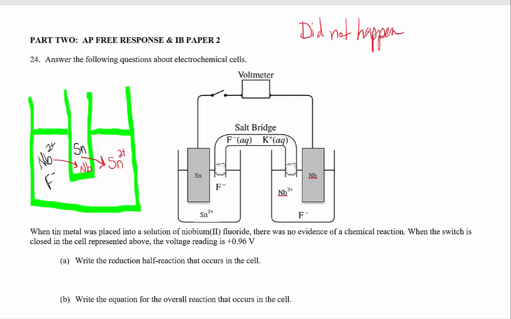So our tin did not oxidize into tin 2+ ion, and our niobium ion did not reduce into niobium metal.